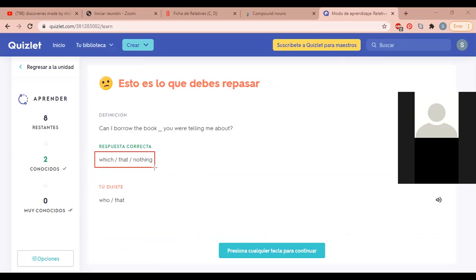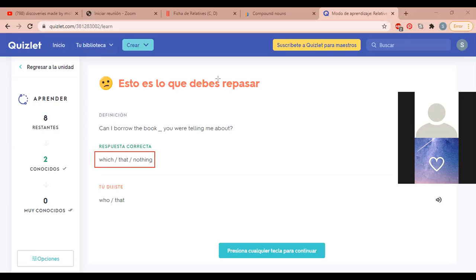Sí, hay algunos tipos de relative clauses en los que se puede omitir el uso de este relative pronoun. Podemos ocuparlo o no podemos ocuparlo, que no altera el significado de la oración. For example, in this case, you could use which, that, or nothing, no pronoun.